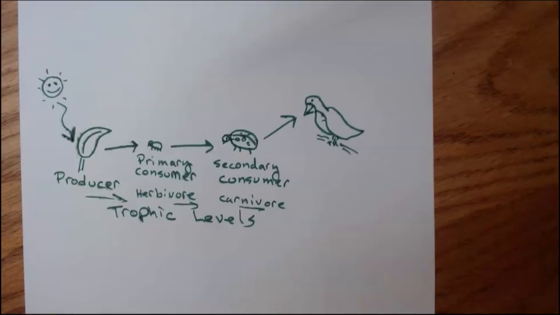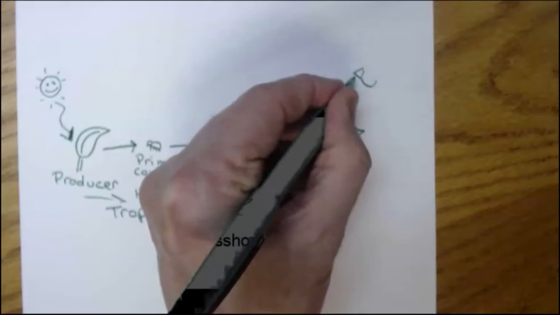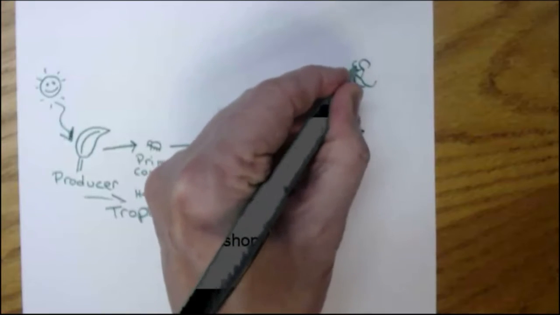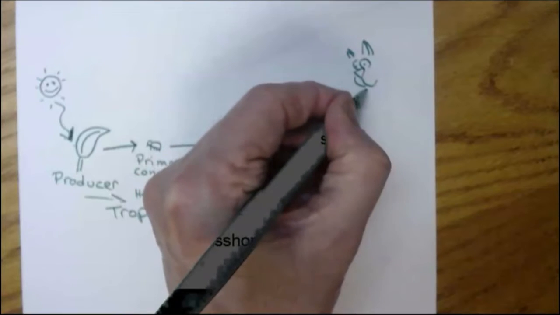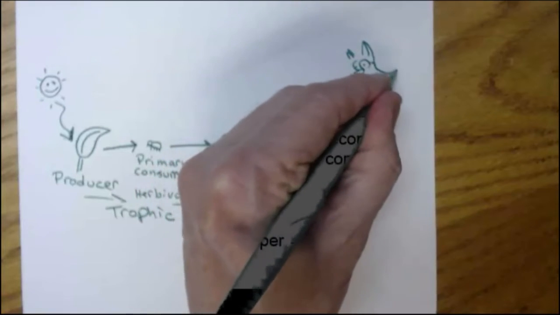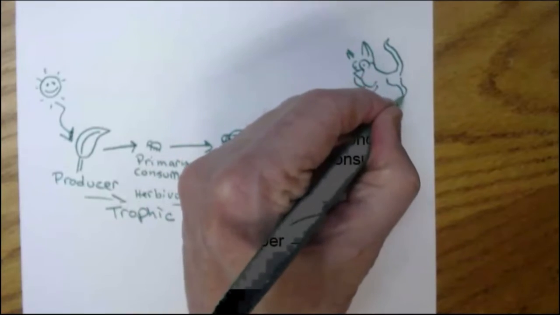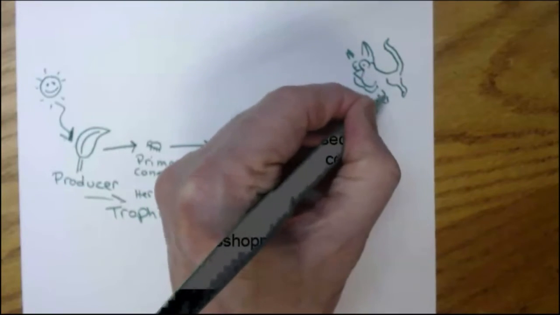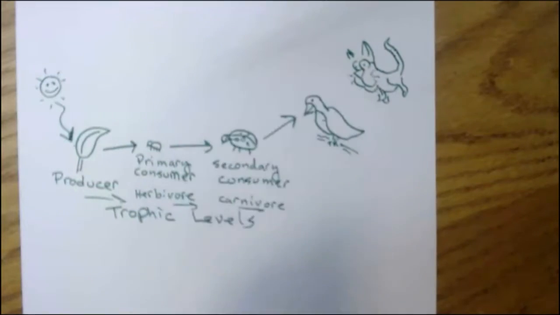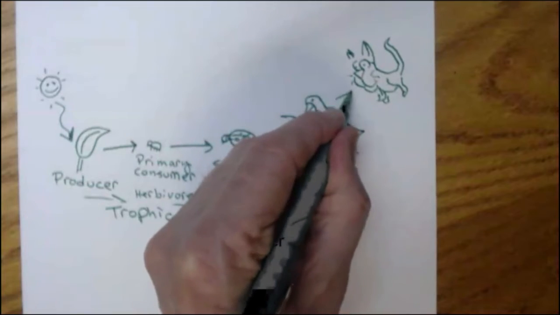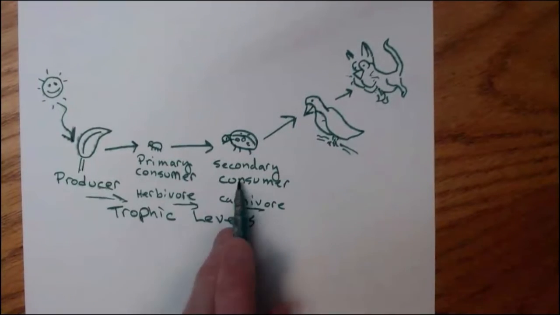Or, okay, I hate to do this, but a cat. Some people think, oh, you shouldn't let cats outside because they'll eat birds. And it's sad. It's true. Cats are predators. Okay, so then there's a cat. Whatever. You want to think of it as a mountain lion, I don't care.